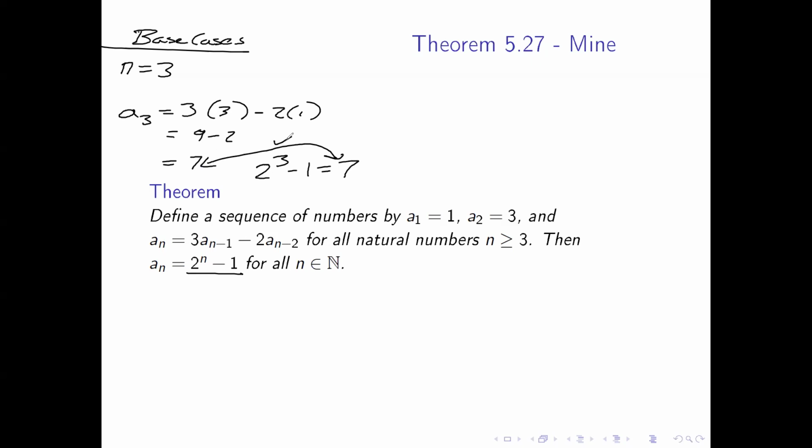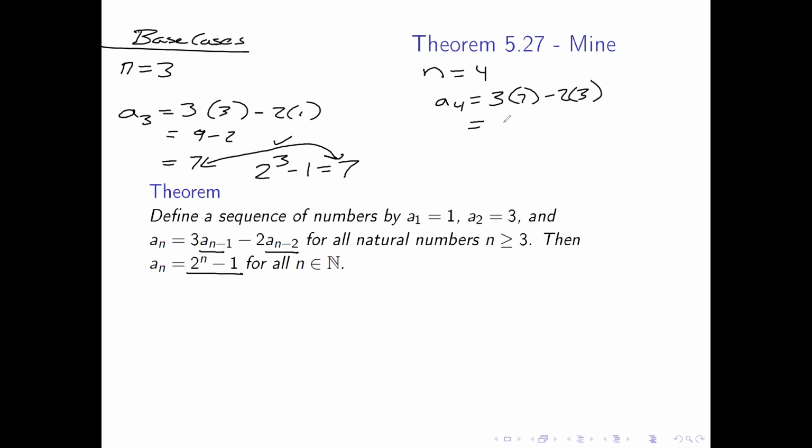However, here's where it gets to be a catch-22. I don't just have to show it for this. I have to show it for 2 cases, because I'm relying on the 2 prior cases. So I have to show it's true for at least 2 cases. N equals 4. Well, a sub 4 is equal to 3 times the previous number, which is 7, minus 2 times the previous number, which is 3.